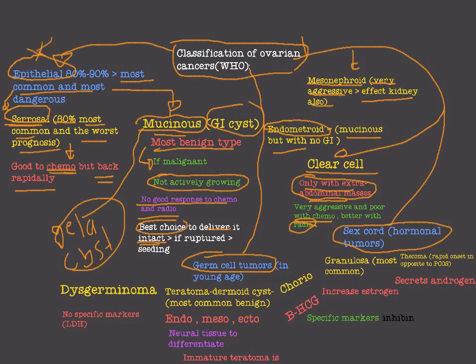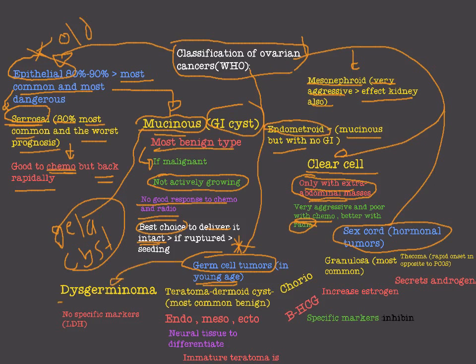The second type of ovarian tumors is germ cell tumors. Germ cell tumors occur at a young age. I forgot to say that epithelial cell tumor is most common in old age, but germ cell tumor is most common in young age, and it also has some subtypes.